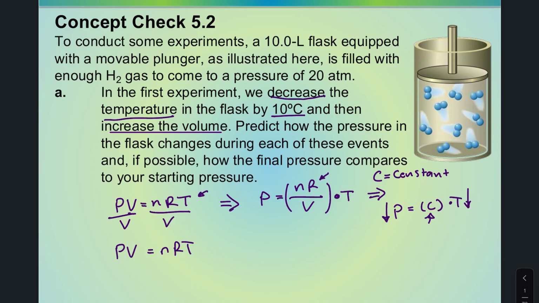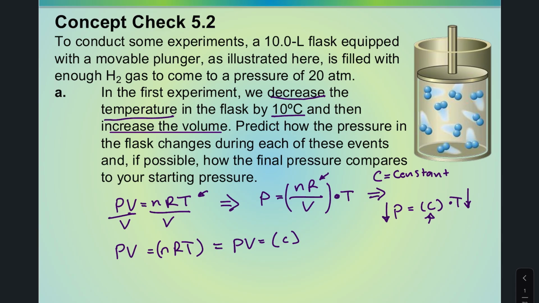And so n, R, and T are all going to be constants still. We're not changing the temperature anymore. We did that in the first one, but we're not doing it now. And the number of moles is not changing. And so we are going to keep this as it is. And we can even say that PV equals C, another constant. It doesn't matter what that constant is, it just has to stay the same.